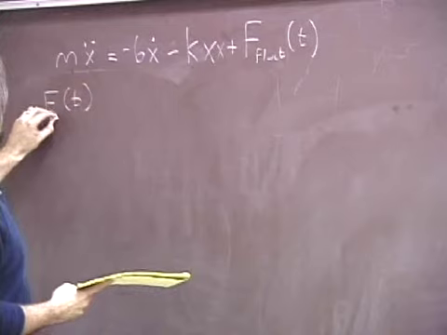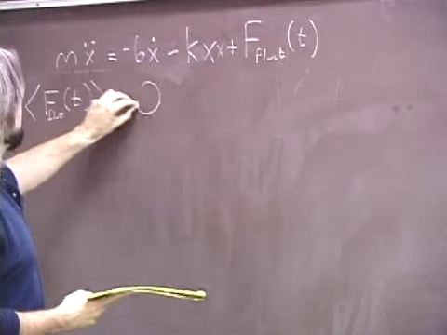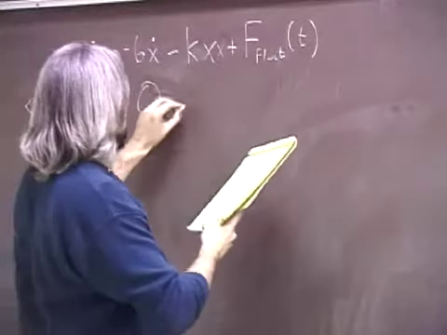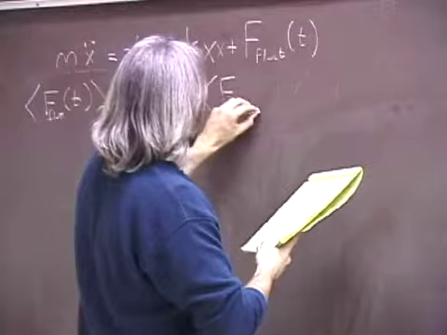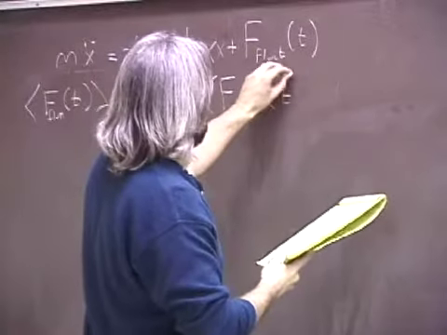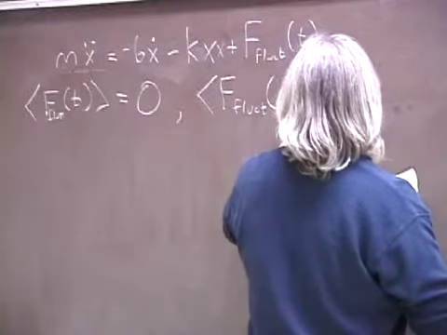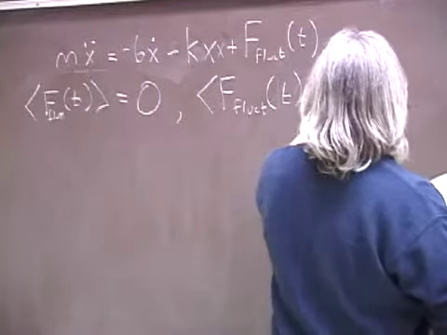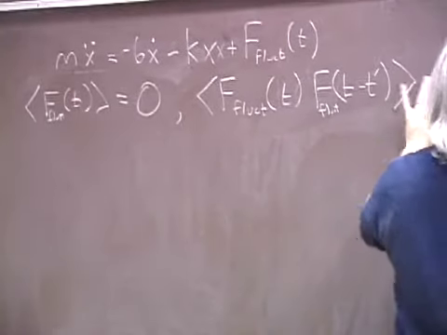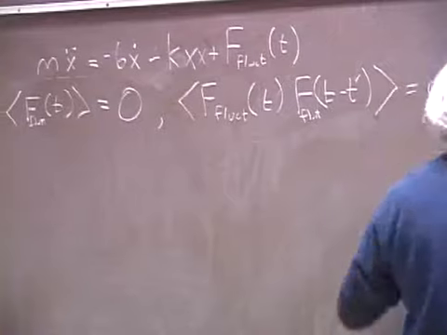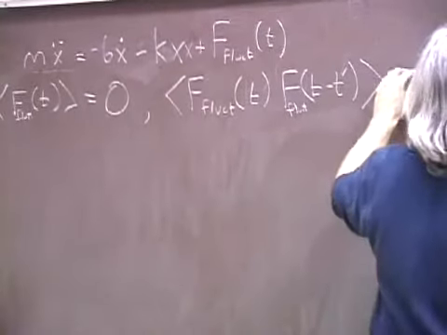Therefore, the average of this fluctuating force is going to be equal to 0. The two-time correlation function of this force is going to be given by a delta function.